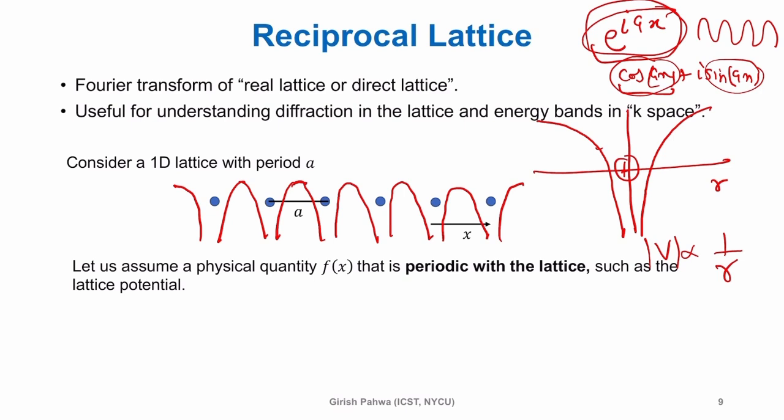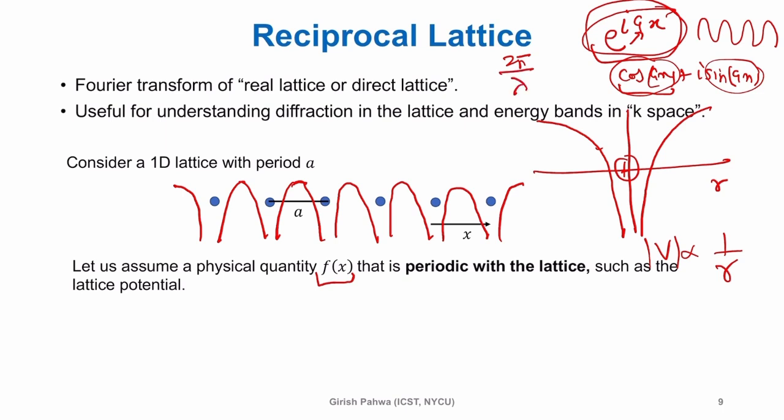The theorem is that if this f of x is periodic, you can represent it as the summation of several of these plane waves, and every plane wave will have its own g. So what is g? Actually, g is called the wave vector of the plane wave. It is basically 2 pi by lambda.